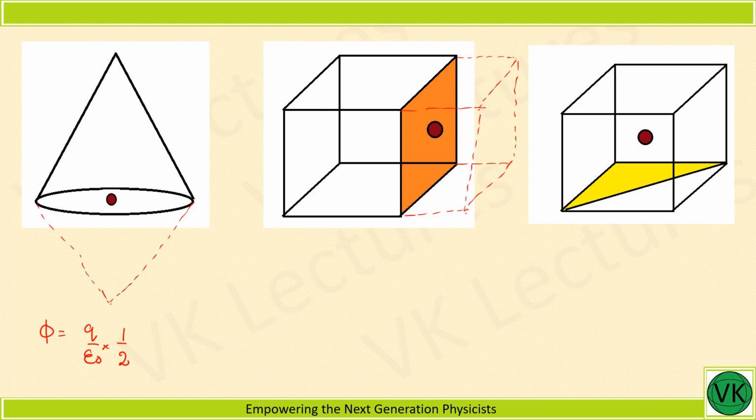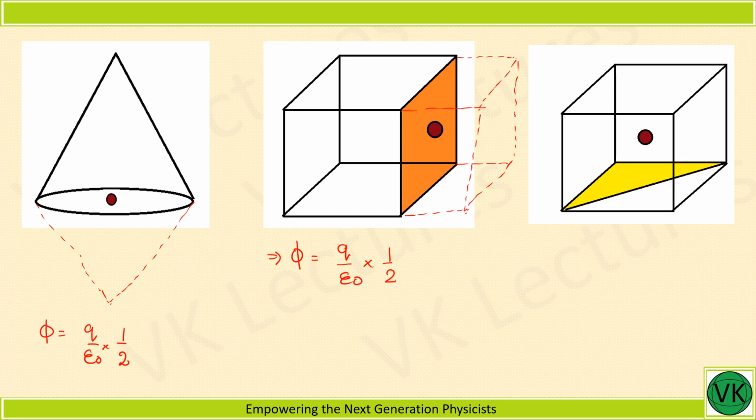So now we have constructed another square so that it completely encloses this charge. So now again phi will be equal to q by epsilon times 1 by 2, because we have constructed another square.